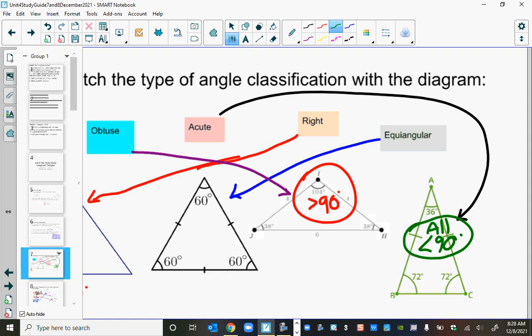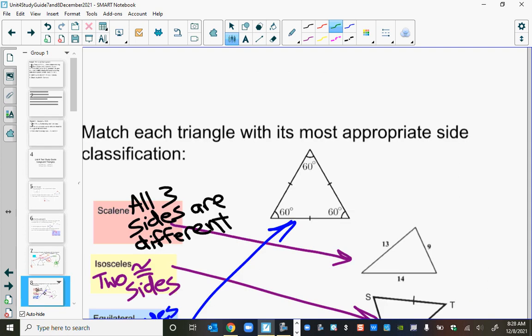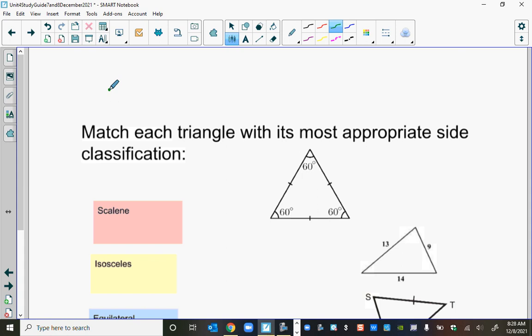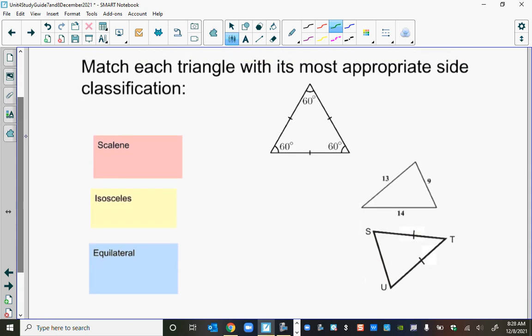Okay. Next one. And this goes back to the beginning of Unit 4: scalene, isosceles, equilateral.